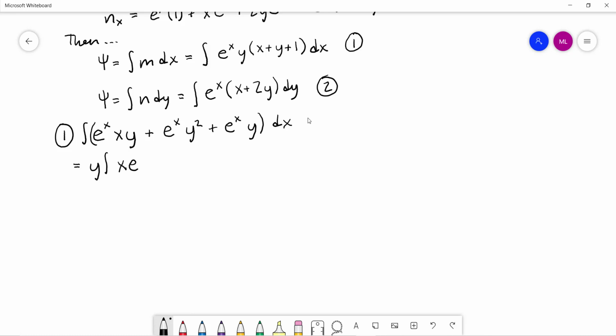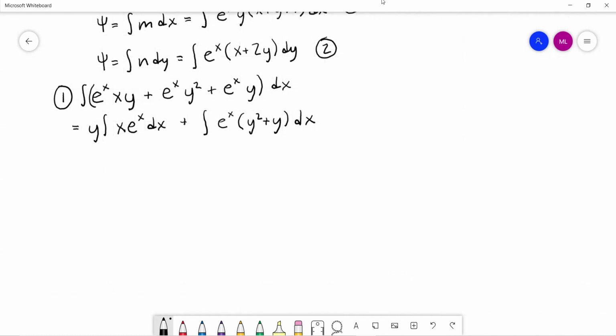But I have x e to the x dx. So this piece just matches this term with the y factored out. The rest of it is also going to be easy because it's simply going to be the integral of e to the x times y squared plus y, but as far as x is concerned, this y squared plus y could be factored out as well.